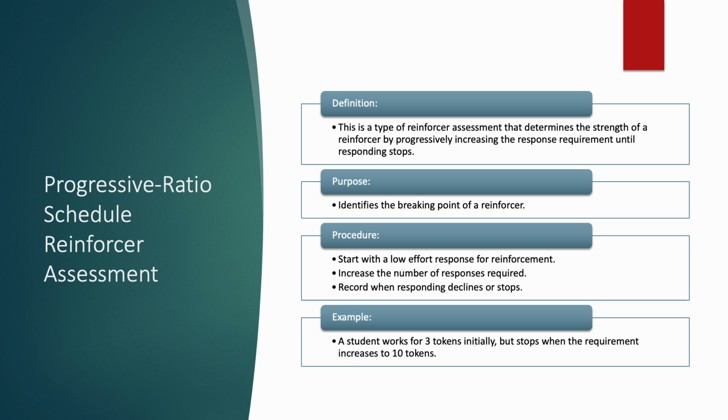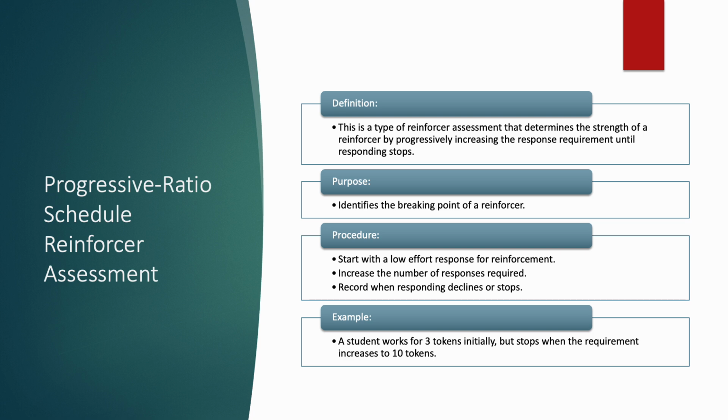So what ends up happening with this particular reinforcer assessment is, because we are progressively increasing the response requirement, eventually the client reaches a break point where they're no longer willing to work for that reinforcer. Basically, the response effort is not worth it anymore. Okay, so we are trying to identify what is that break point for that particular client, right? How much are they willing to respond for a particular reinforcer?